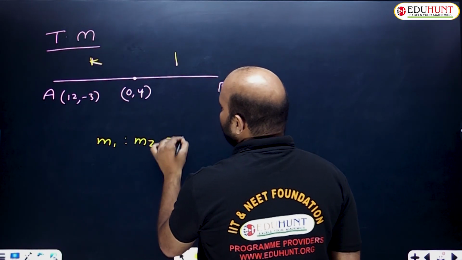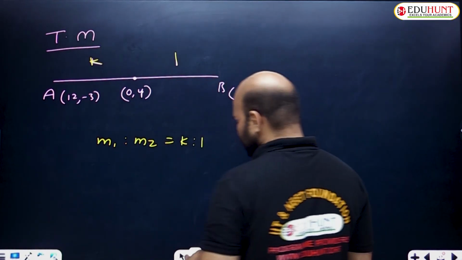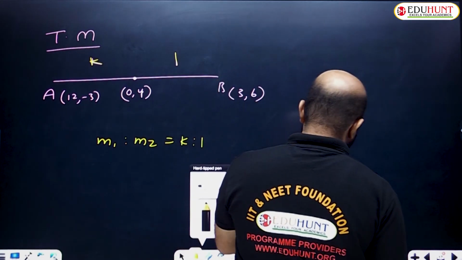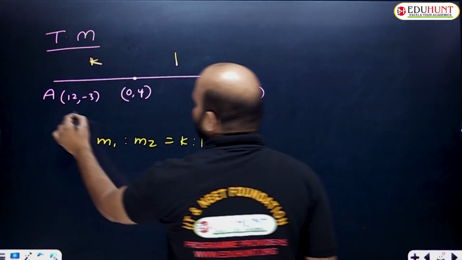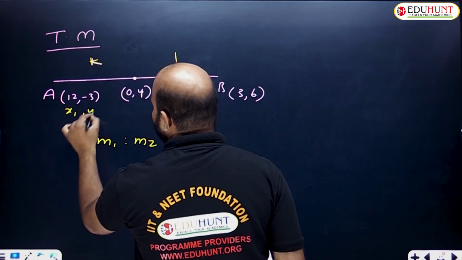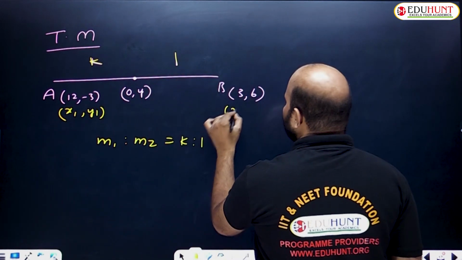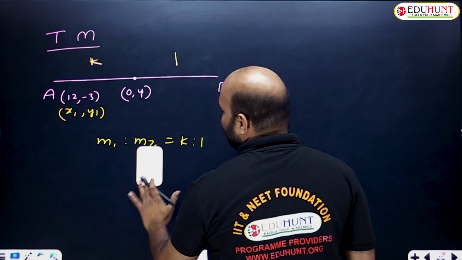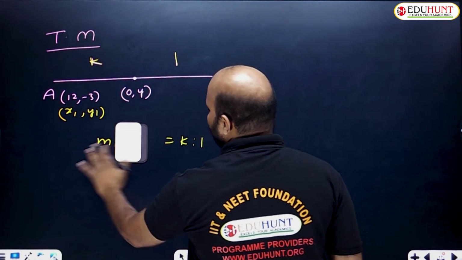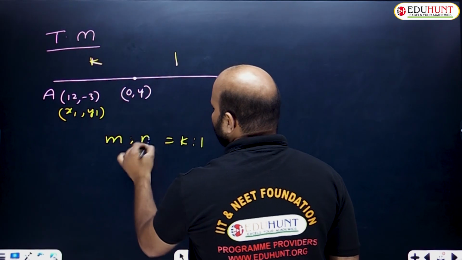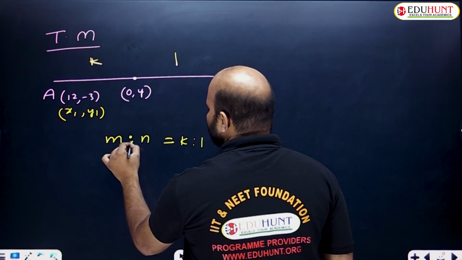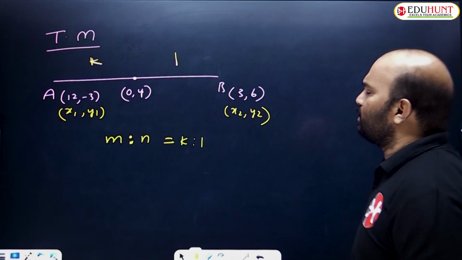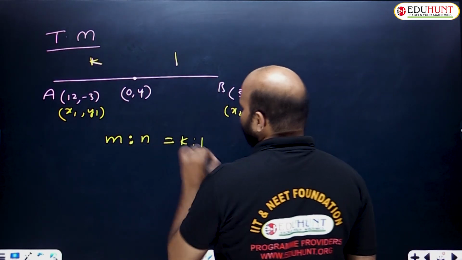By using the section formula, A coordinates are x1 comma y1 and B coordinates are x2 comma y2. You can choose the ratio m is to n, nothing but k is to 1. So let me take m is to n as k is to 1.